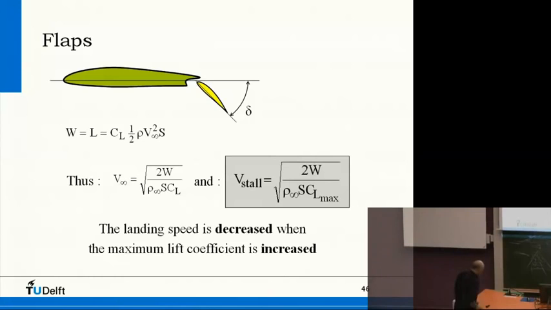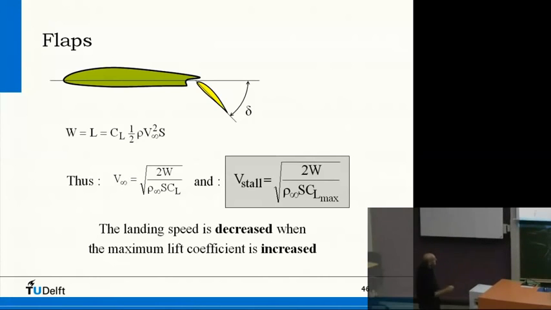The velocity associated with this point here is called the stall velocity, right? So the CL max is associated with this point, and that is W divided by half rho S CL max. That's only if you rewrite this equation. Okay. So if the landing speed is decreased, you have to do something about the lift coefficient and the area.